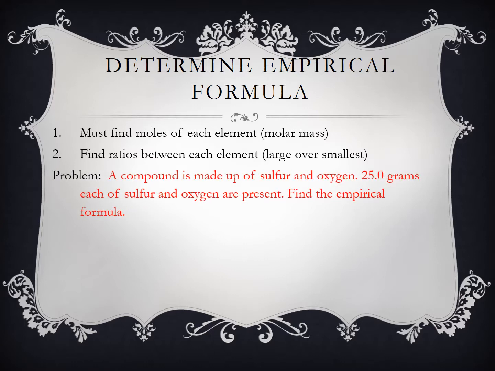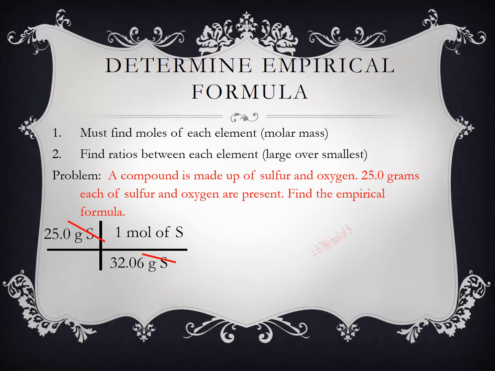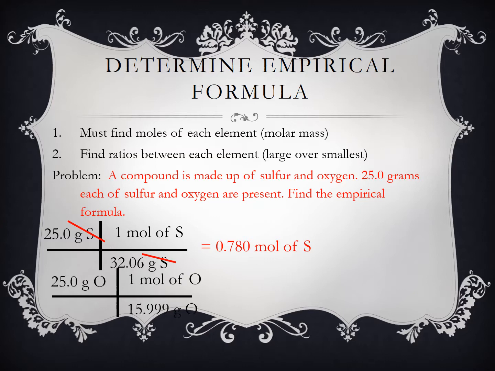So we have sulfur and oxygen, 25 grams of each, so you have to make sure you convert the 25 grams into moles. So 25 divided by 32, we get 0.78 moles of sulfur. Do the same thing for oxygen, 25 divided by 16, and we get 1.56 moles of oxygen.